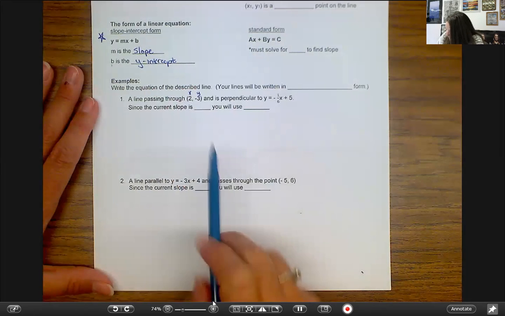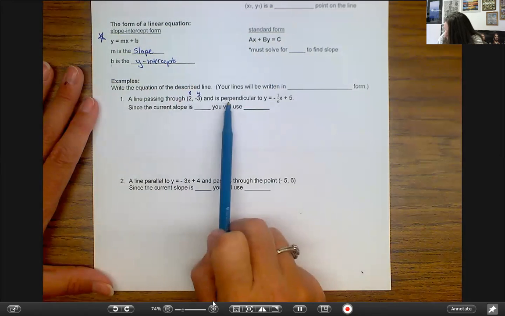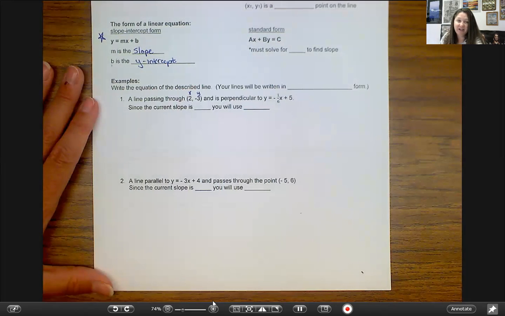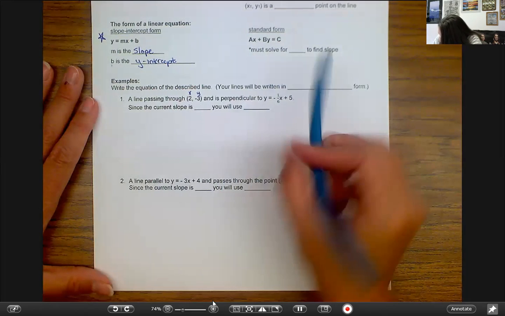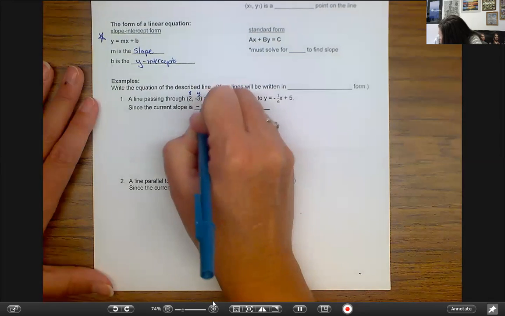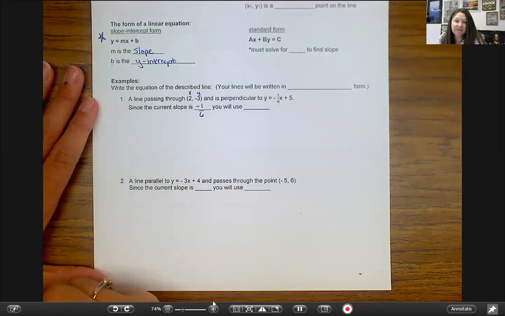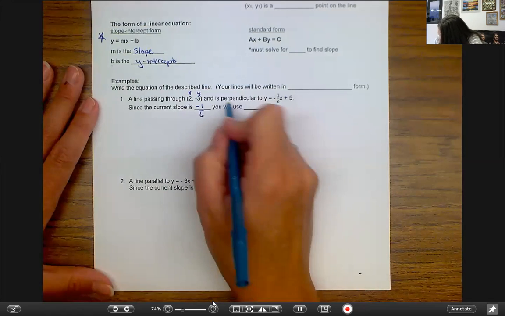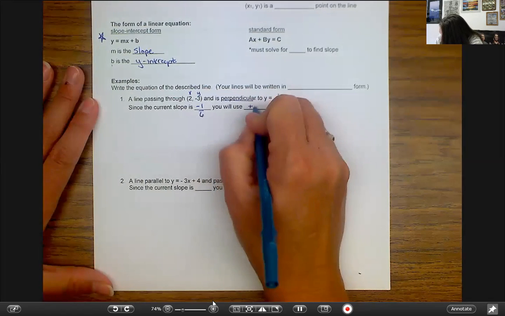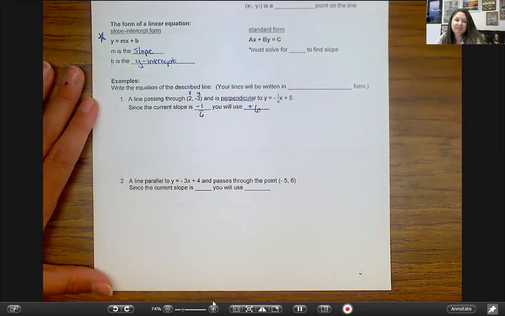And I want my line to run perpendicular to this line here, y equals -1/6x plus 5. Currently the slope is that value in front of x, so -1/6. But we want to be perpendicular, so we want the opposite reciprocal. So we want our slope to be +6.